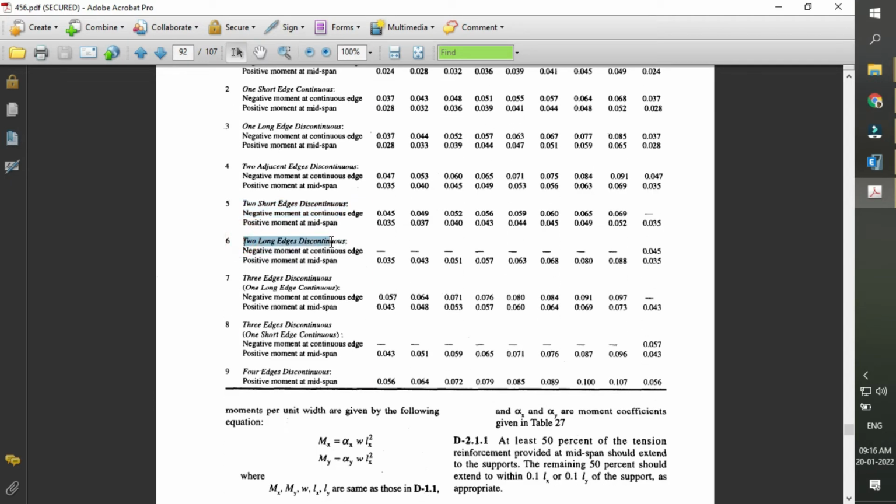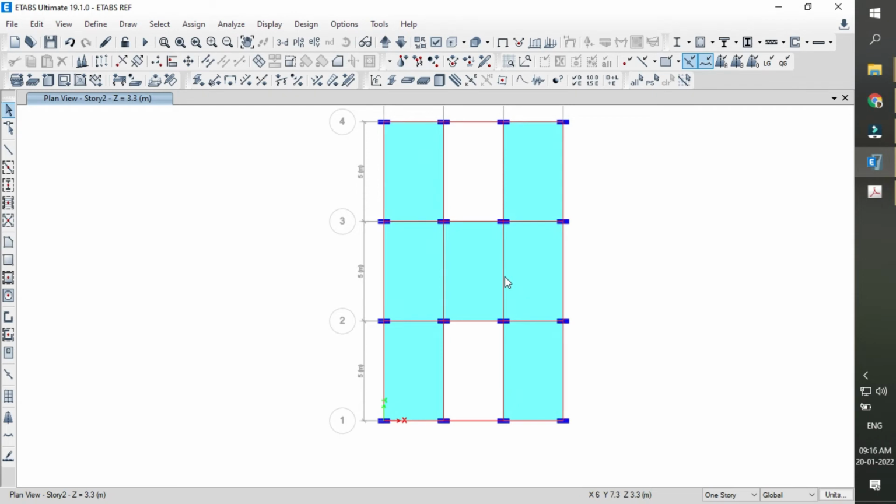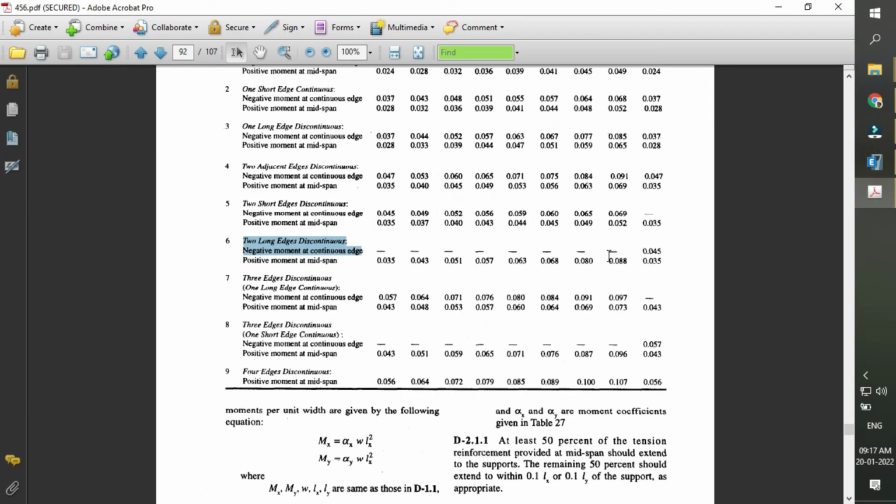And the sixth one is two long edges discontinuous, which means I undo this again and delete these two. So this slab is to be considered for two long edges discontinuous. There is no slab on the adjacent sides in the longer span, so we have to take coefficients accordingly.